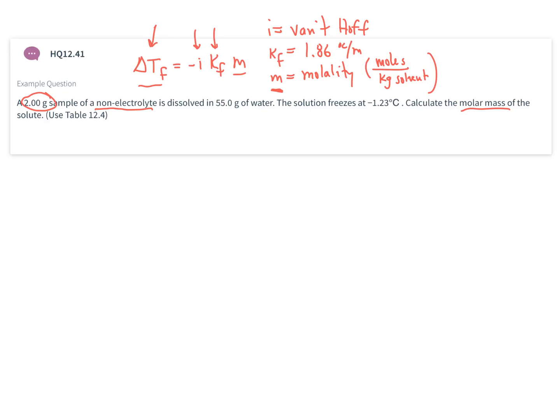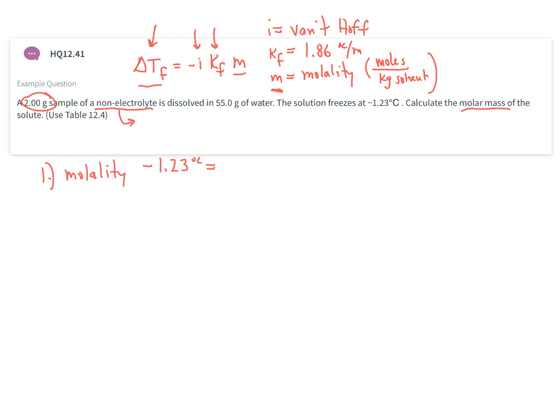So for step 1, we want to find the molality of this solution. So my change in my freezing point is a negative 1.23 degrees Celsius. My van 't Hoff factor, it's a non-electrolyte.